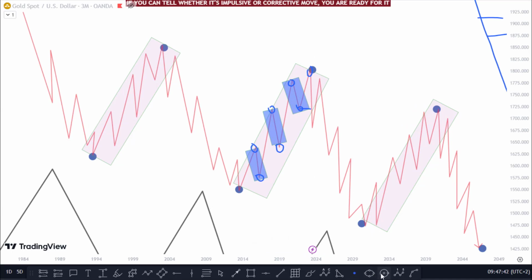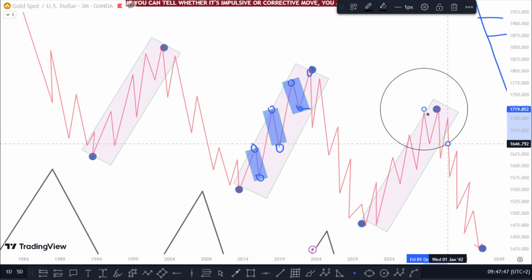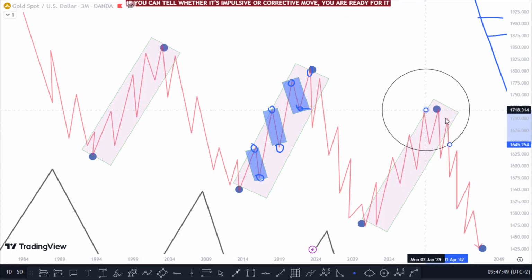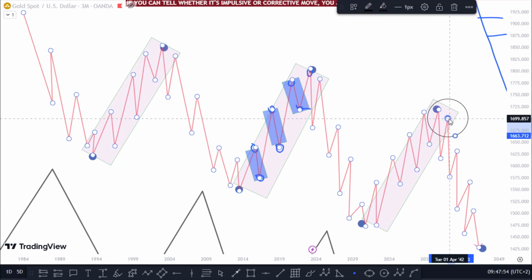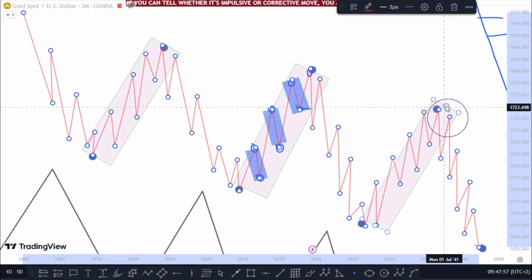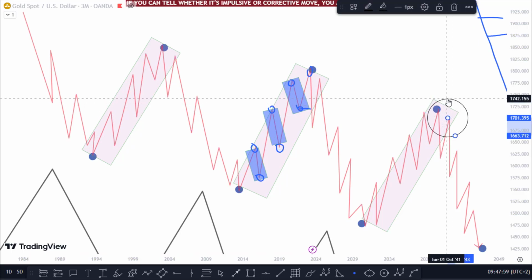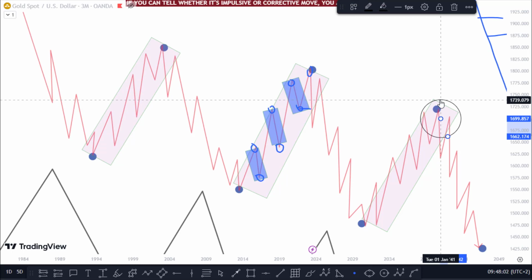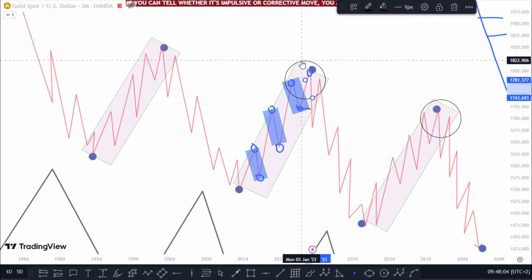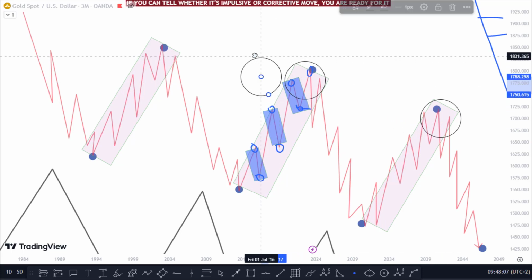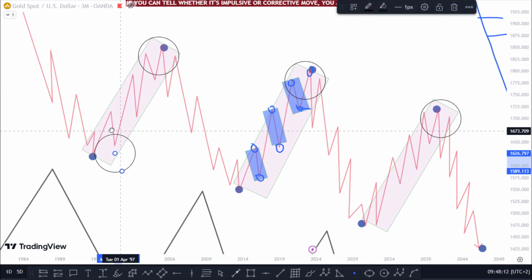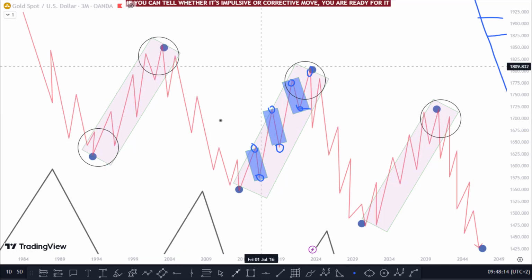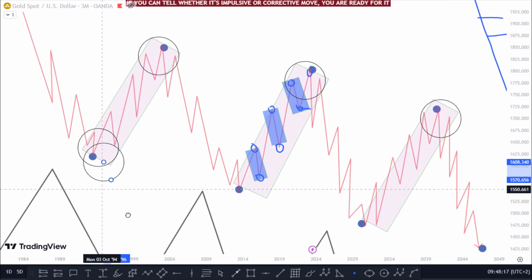When we say transition zone, it is where your market changes from one direction to another. This is a transition zone where the market is changing from an uptrend into a downtrend. This is your transition zone, guys, and this is your transition zone.